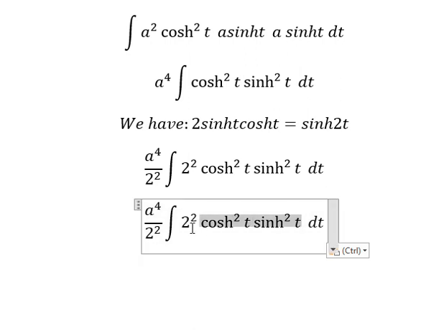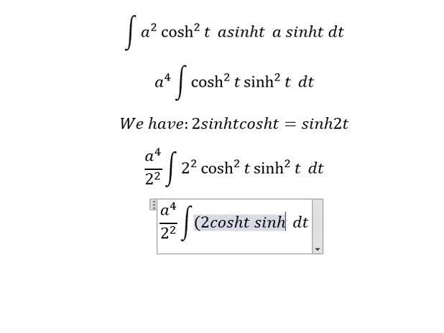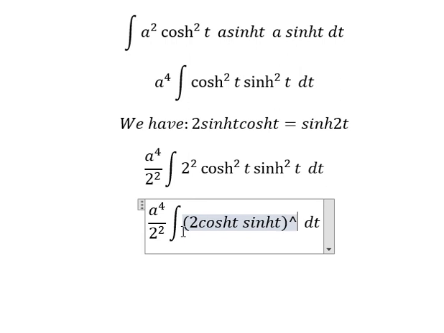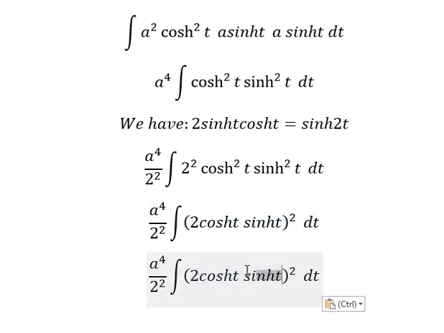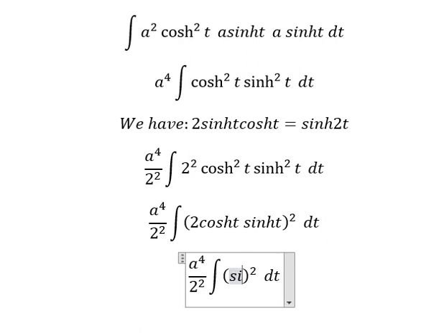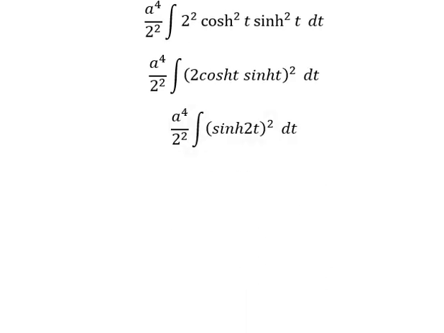So this one we can put 2 cos t sin t, everything to the power of 2. And this one is sin 2t. So we have the formula in here.